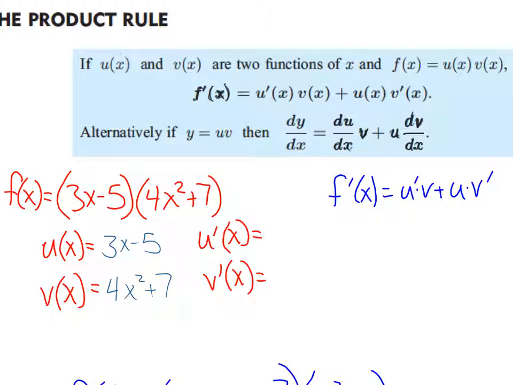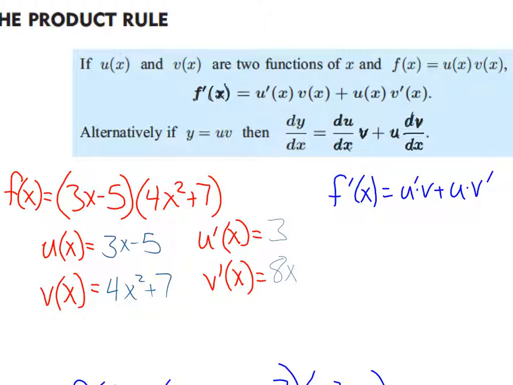And we already found the derivatives of these. The derivative of 3x minus 5 is just 3, and the derivative of 4x squared plus 7 is 8x.